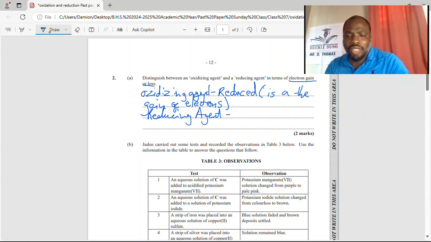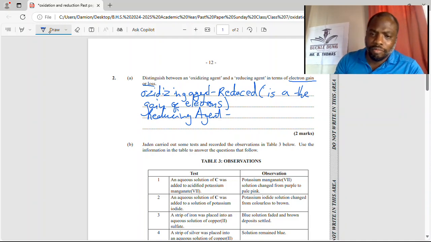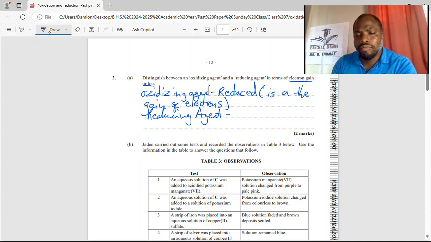If I'm a reducing agent, what is happening to me? You're being oxidized. Thank you.